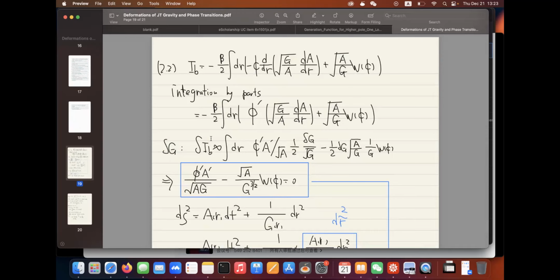This is some derivation for this paper. Now we start with the boundary condition. What is boundary? Why is this boundary? Oh, sorry. The index B means bulk, not boundary.